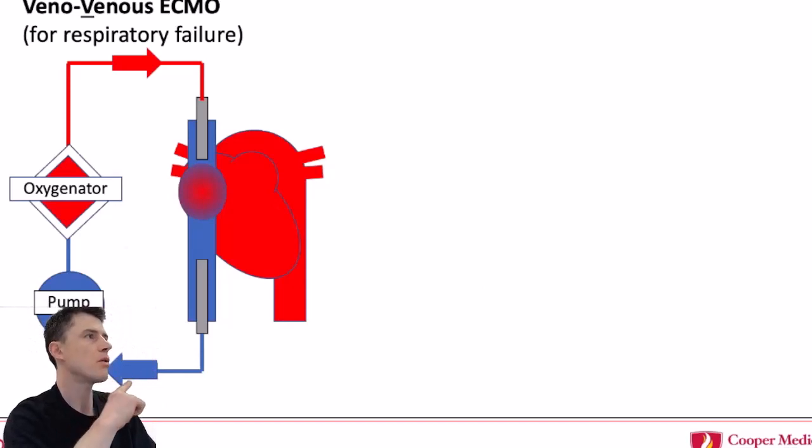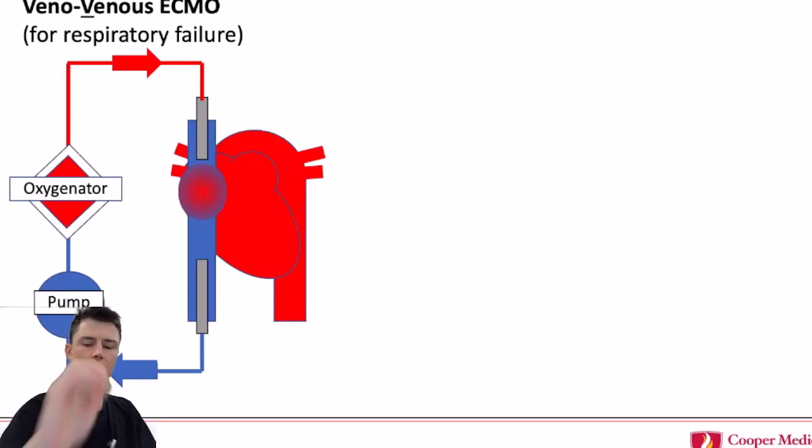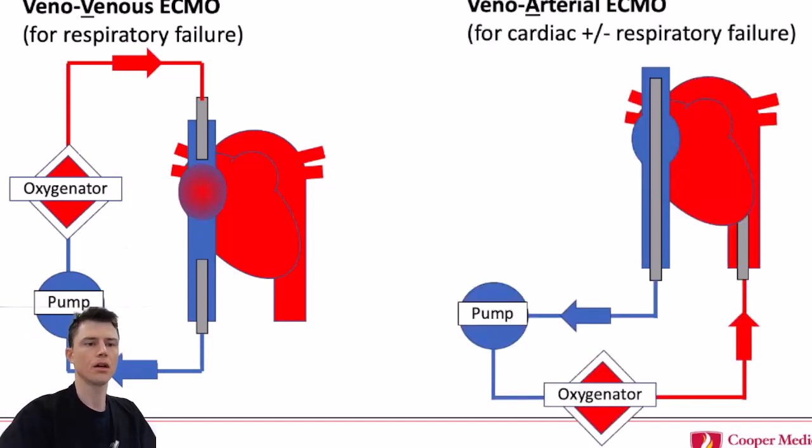And so blood is going through the lungs after it's been oxygenated. The lungs may not work very well, and so you may not get much additional oxygenation or CO2 clearance because of how diseased the lungs are. But that's okay because we've already done the job. The other major flavor is VA ECMO, and there's a lot of ways that you can configure these cannulations in both VV and VA, and we'll talk about that a little bit later.